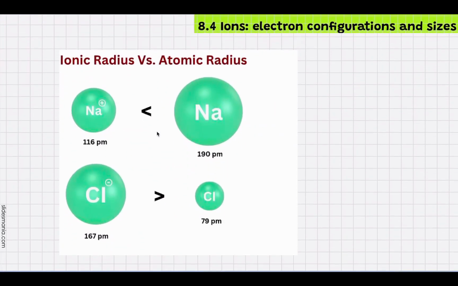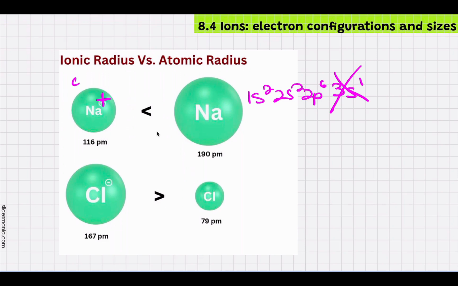So just in general, what this is showing you is the cation is going to be smaller than the neutral atom. And that's because, if you remember, sodium is going to lose a whole energy level of electrons to become isoelectronic with neon, which means it'll have the same electron configuration as neon.